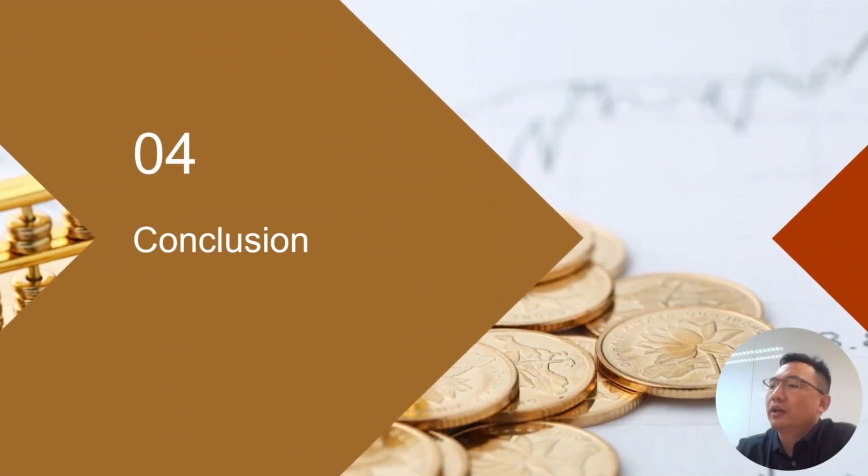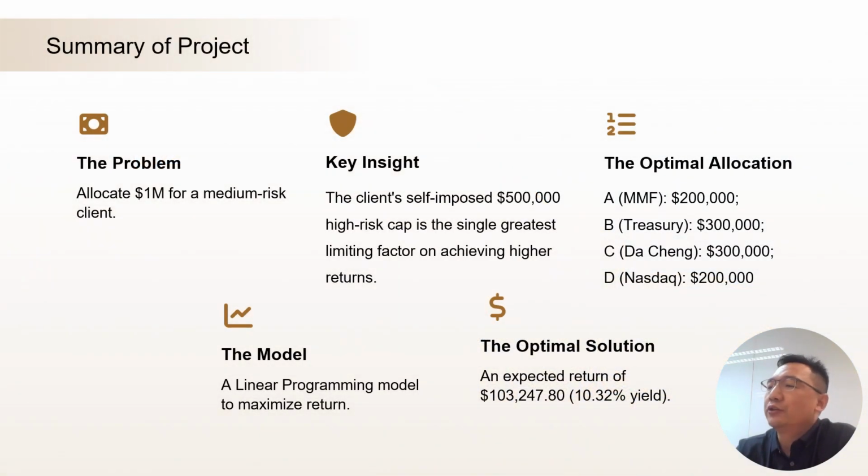And this brings us to our conclusion, where I'd like to summarize the key findings of our analysis. First, the problem. We were tasked to allocate a $1 million portfolio for a medium-risk client, subject to a set of rules for diversification and risk exposure.